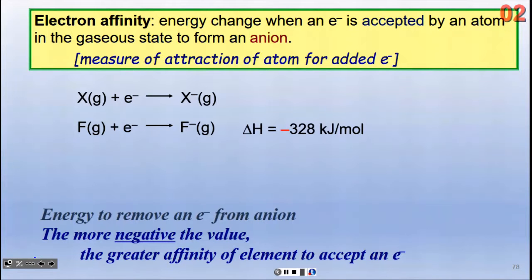So the number there happens to be a negative number, described as delta H. We'll talk about delta H in another chapter, but it's an energy change shown in kilojoules per mole. The energy change, described as either delta H or EA for electron affinity, is two ways of writing that.